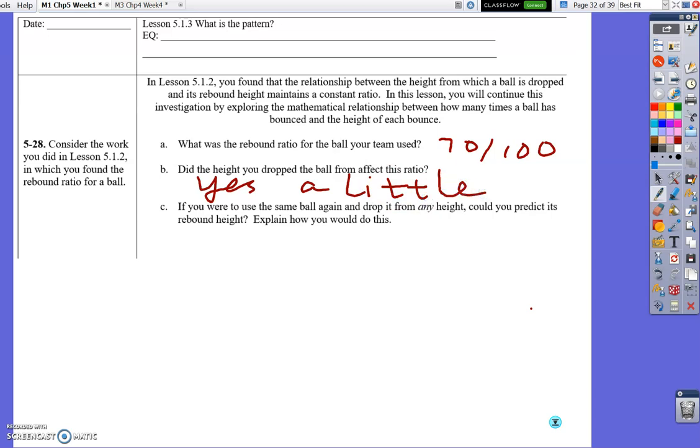If we use the same ball again and drop it from any height, can we predict its rebound ratio? I would say yeah, probably. It's going to be about a relationship of 7/10 of the original height. So we could take this and multiply it by the starting height, and that would give us our new height.